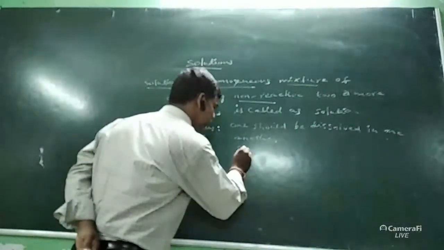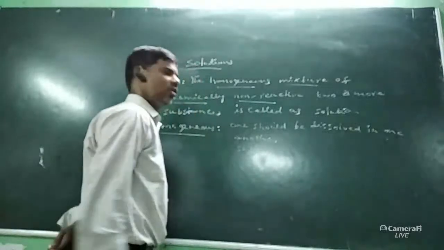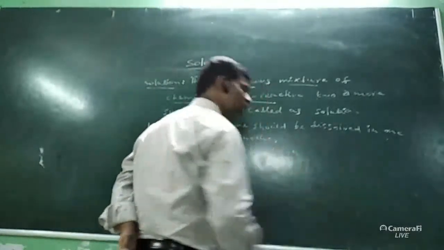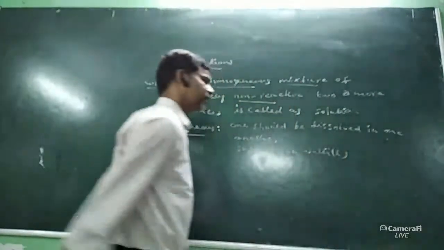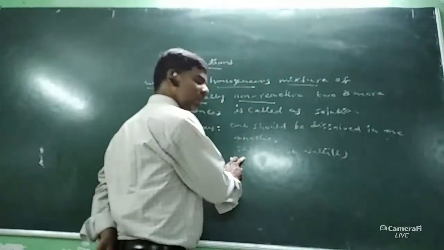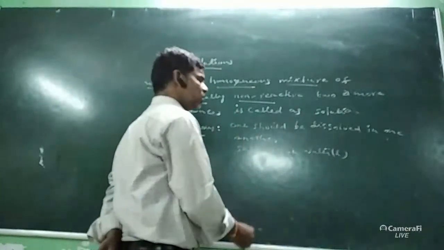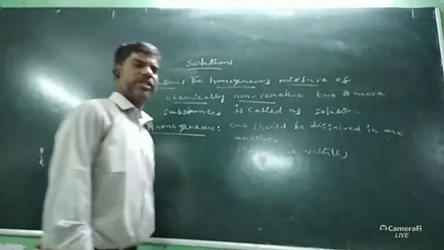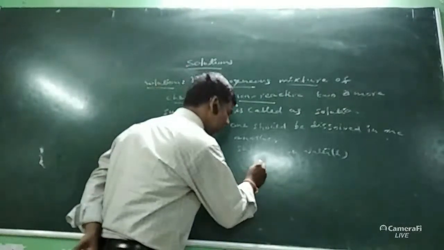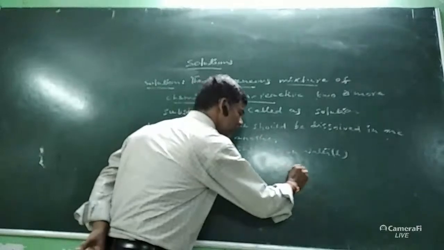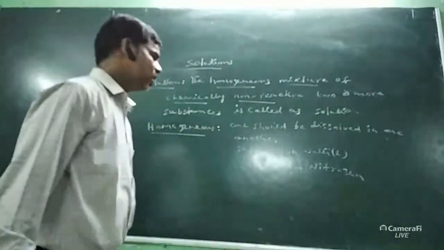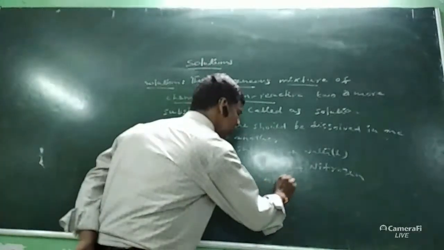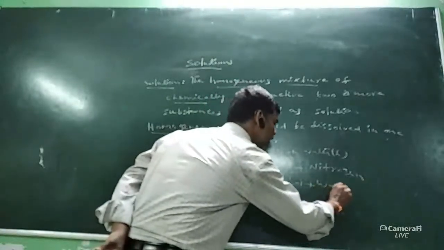Suppose we have sugar, which is in solid state, and we have water in liquid state, but the sugar can completely dissolve in water, so it will be called homogeneous. Suppose we have oxygen plus nitrogen, one can dissolve in another. Suppose we have alcohol plus water.